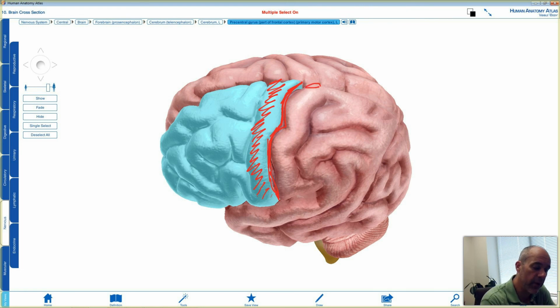This gyrus, called the postcentral gyrus, deals with sensory information from particular parts of the body. And it's kind of neat how all those things are arranged. That'll be discussed, though, over on the physiology side. Now, you do have the central sulcus over on the right hemisphere as well, so it's not just on the left hemisphere, but I'm just showing it to you on this particular half.